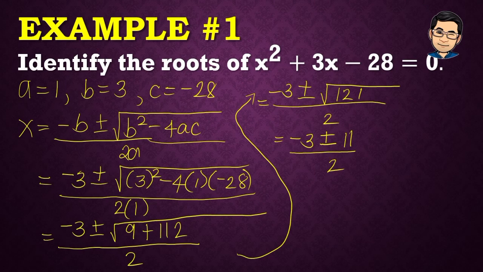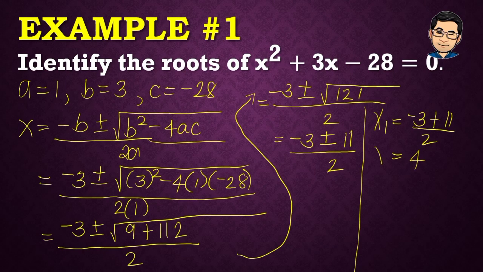Next na kukunin natin ngayon is yung values ng x sub 1 and x sub 2. X sub 1 muna. x sub 1 equals negative 3 plus 11 all over 2. Negative 3 plus 11, that is positive 8, divided by 2, 4. So the value of x sub 1 is 4.